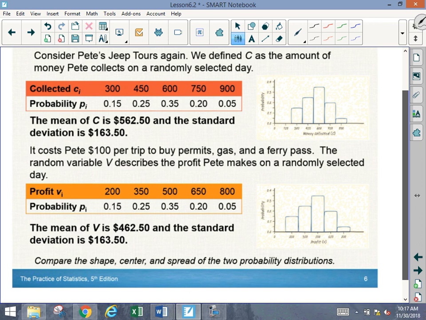If we were to look at his net here, the shape of the distribution between his gross and his net are going to look the same. The mean is going to change, but the standard deviation won't.